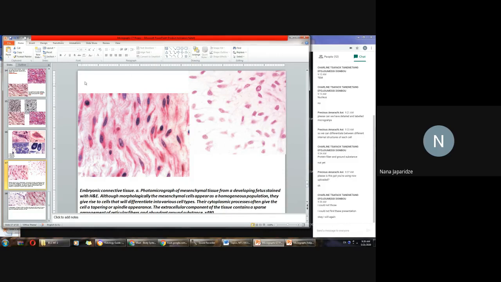So you see here embryonic connective tissue, which is mesenchymal tissue, and another one is mucous tissue. So we have cells here and cells here too.